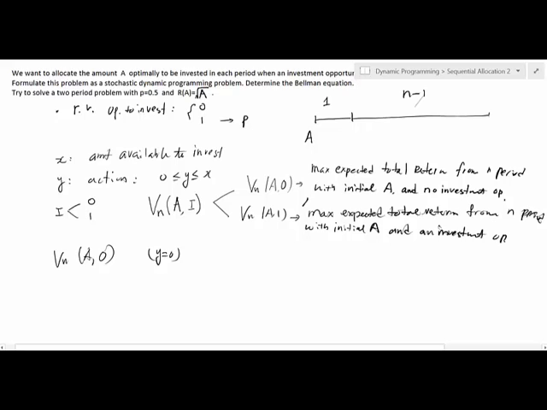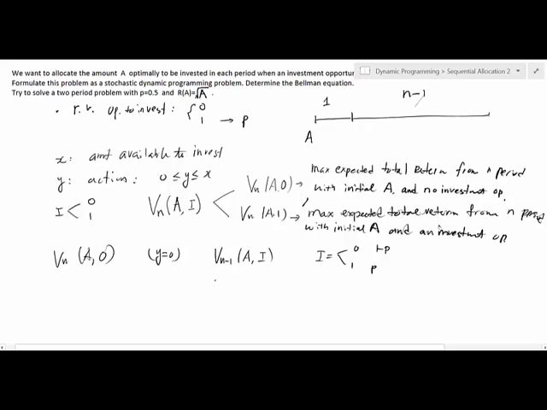You cannot invest anything, and there is no return. But you still have a future. The future is going to be Vn minus 1 with A and I. You don't know what I is going to be because that's tomorrow's investment opportunity. But I has two values: with probability 1 minus p it is 0, and with probability p it is 1.